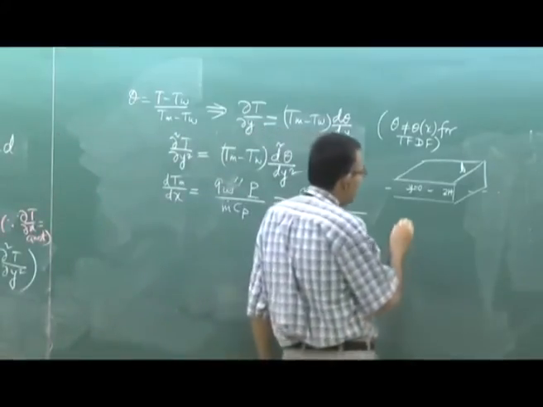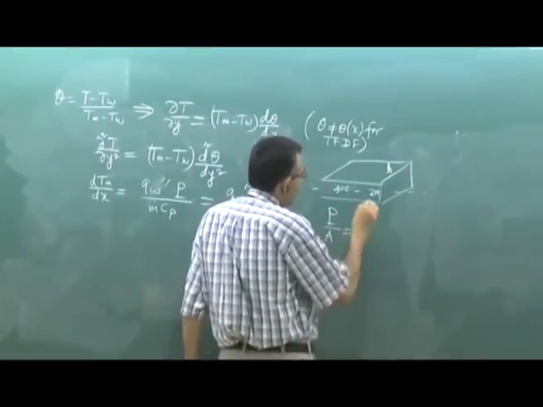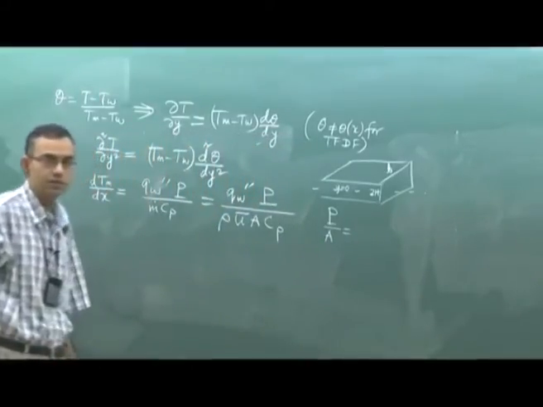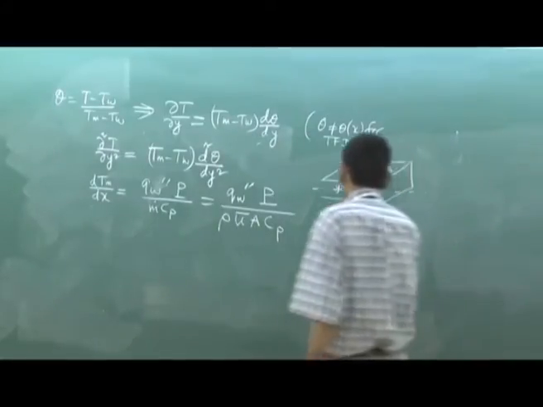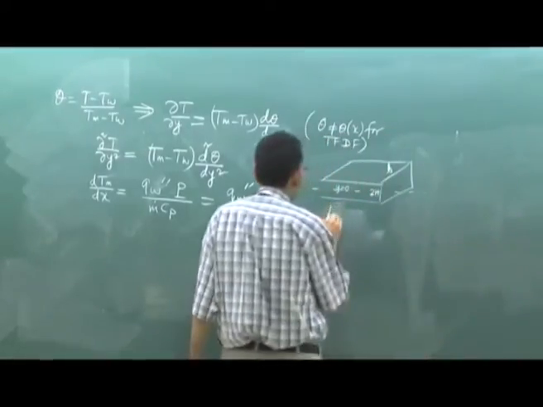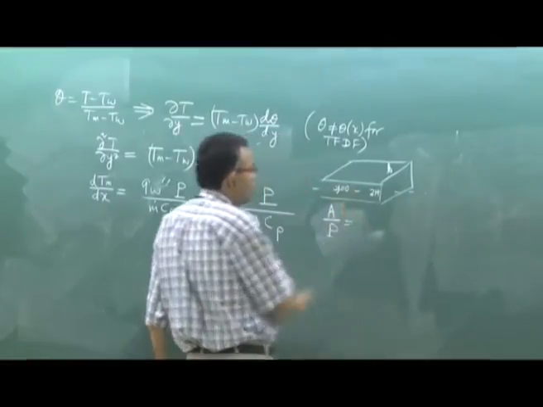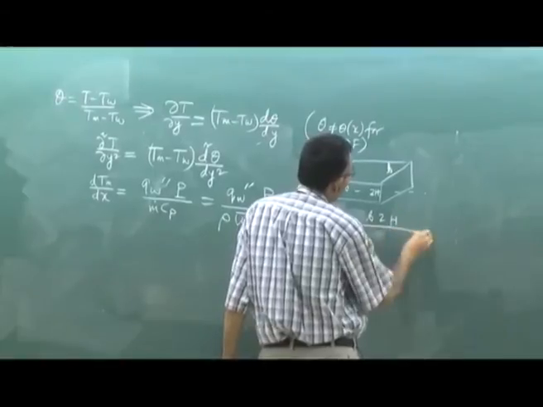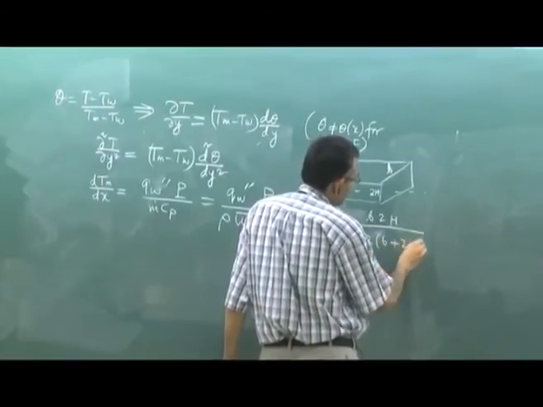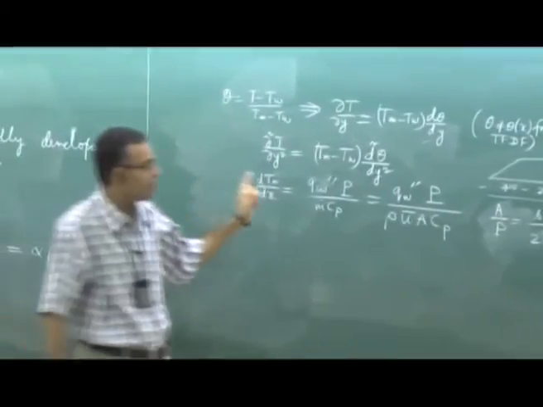So perimeter by area, what is perimeter? Or let us calculate area by perimeter, whatever, we will invert that. Area by perimeter, what is that? B into 2h by 2 into B plus 2h, right. Now we have to consider a limit while calculating this area by perimeter.